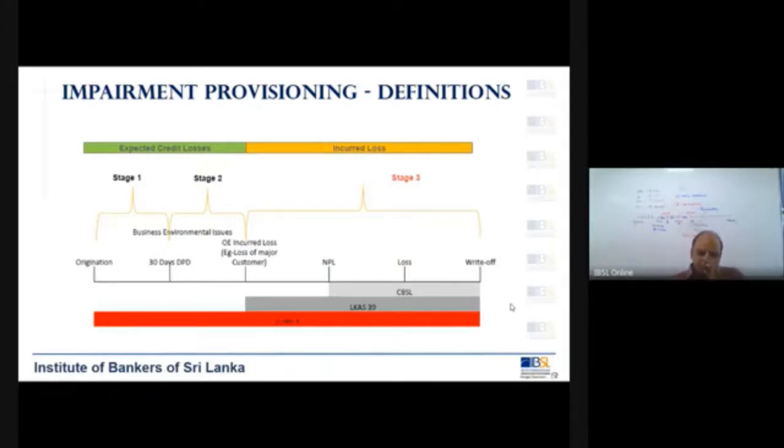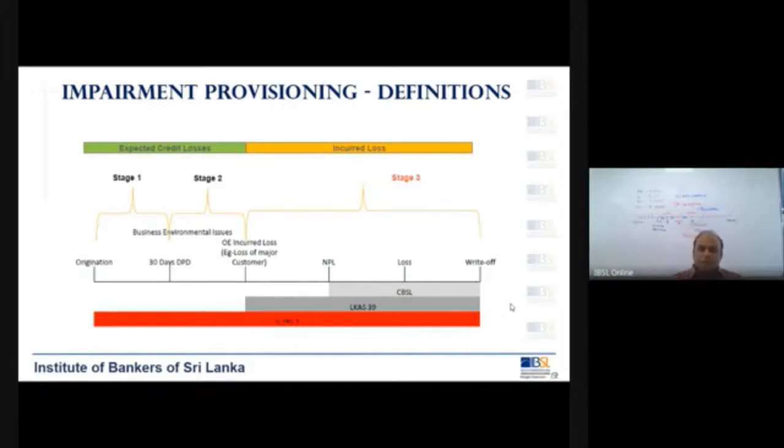Now what happened? When we were doing the CBSL provisioning, then came at some point in time, way back in 2012, we started looking at this LKAS 39, which I already explained to you at the beginning of this topic. So under LKAS 39, also this impairment subject was there. So according to LKAS 39, they don't say that you need to wait for the loan to become non-performing.